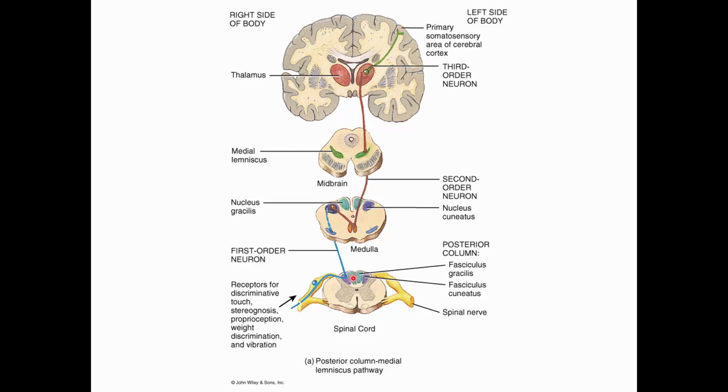If I was talking about the thoracic dermatomes, so the torso and the upper body, those are going through the fasciculus cuneatus.